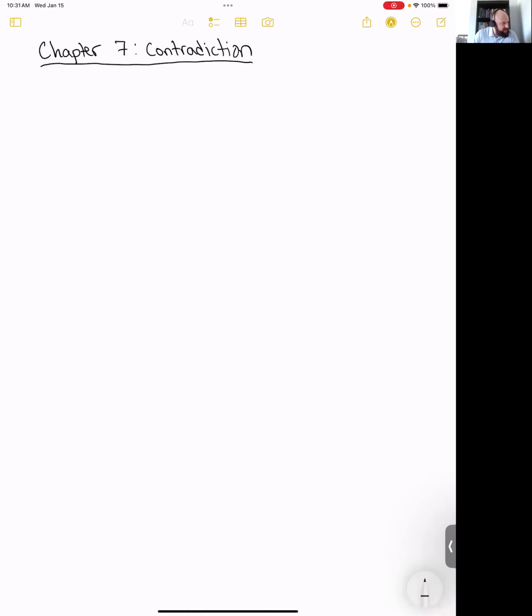And so in order to start talking about this, I'm just going to remind you of some simple truth tables. So first of all, if we have a statement, S for statement, of course, it can be true or false. And this is going to be a very simple truth table. So not S is going to have the opposite values. And then I just want to point out some simple things here.